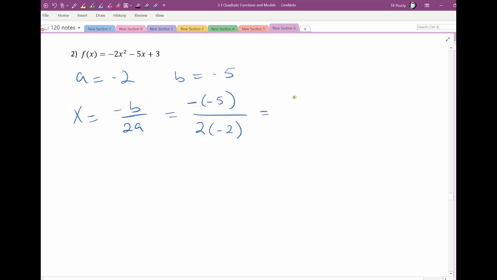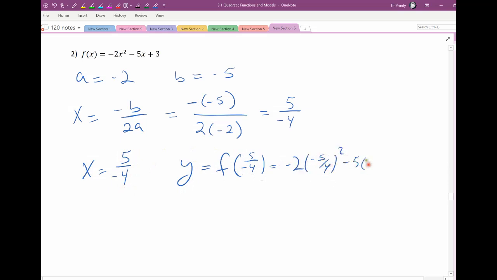Up top, the negatives cancel out, leaving me with 5. In the bottom, I get negative 2 times 2, so I'm left with negative 4. And so the x value of my vertex is 5 over negative 4. To find the y value, I take that 5 over negative 4 and plug it into my function. So I'm going to take negative 2 times negative 5 fourths squared minus 5 times negative 5 fourths plus 3, and simplify that.